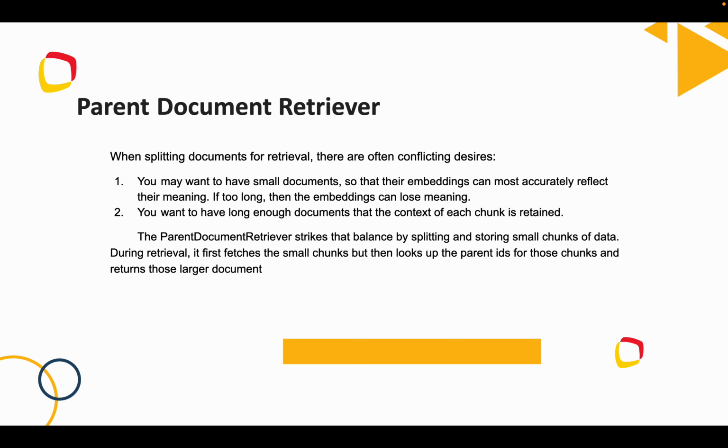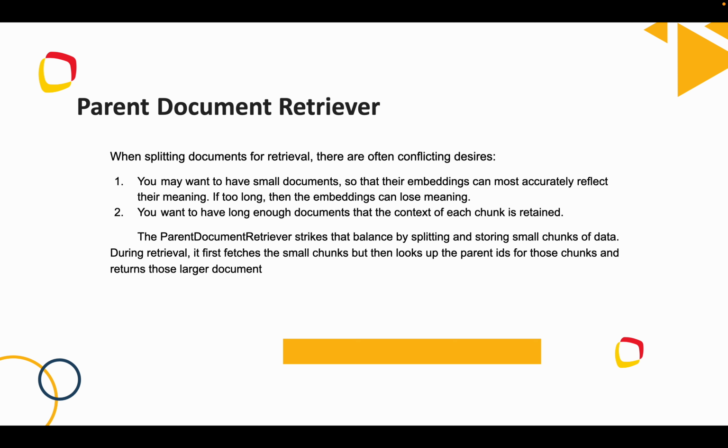The parent document retriever will always keep an ID to the parent document, that's the entire document, so the initial search is done with the small chunks. But whenever it returns a context, it will return the entire document, the big context. That is how the parent document retriever works.